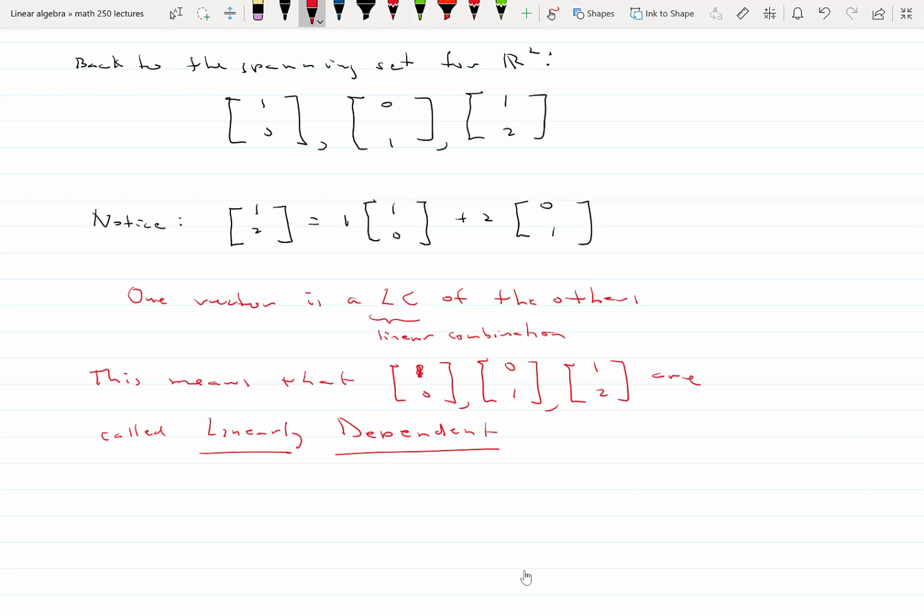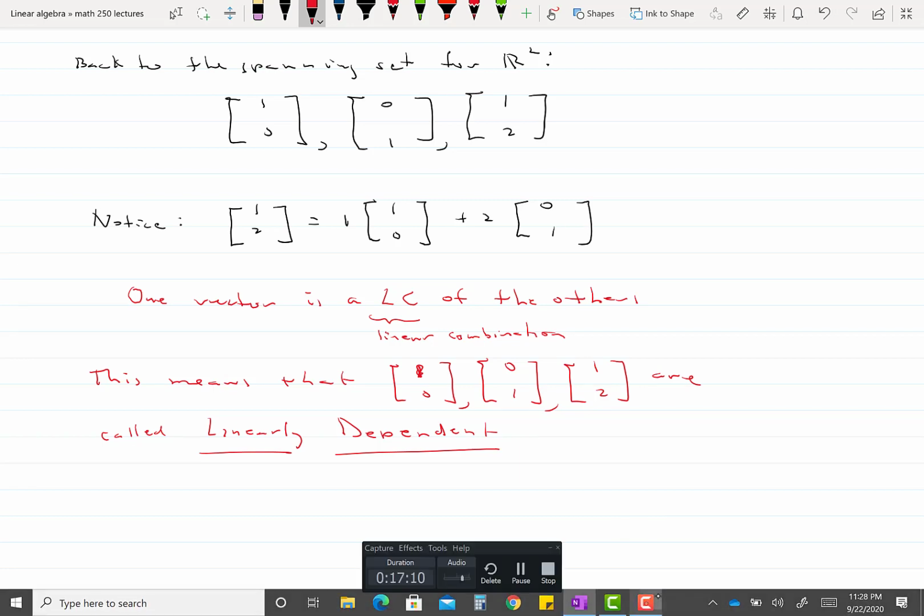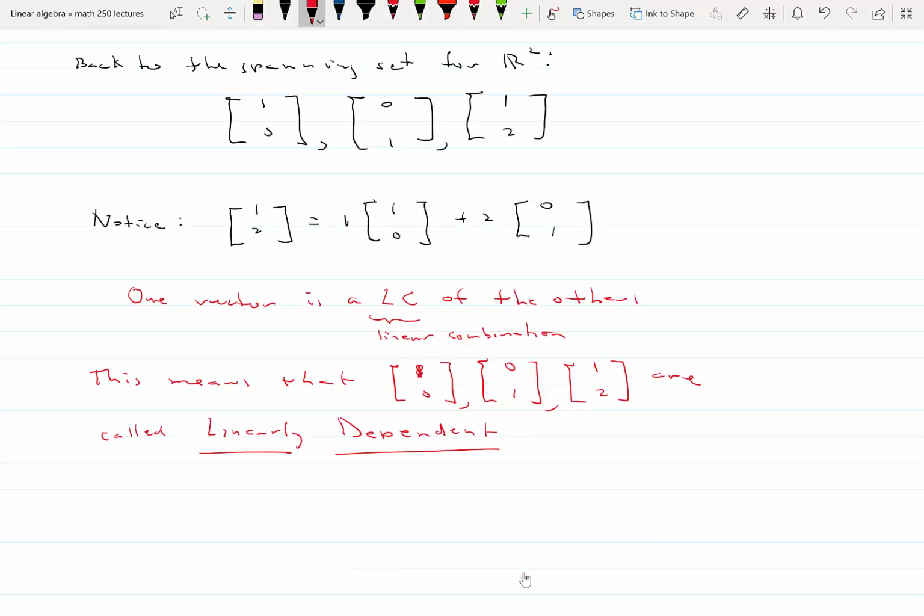They are called linearly dependent. The concept of linear dependence, though, is really defined differently.